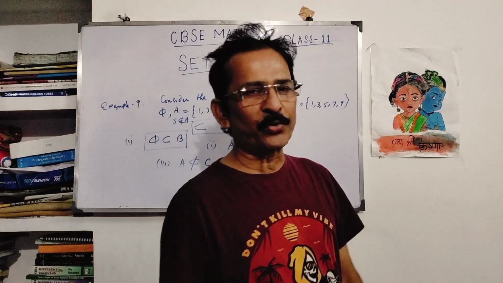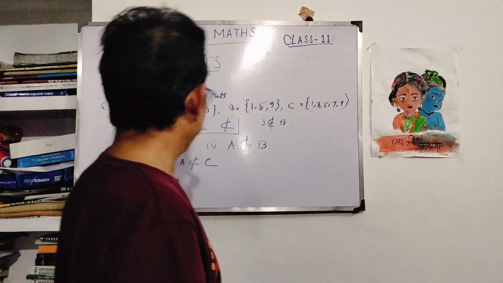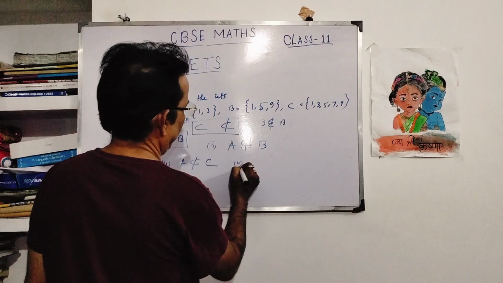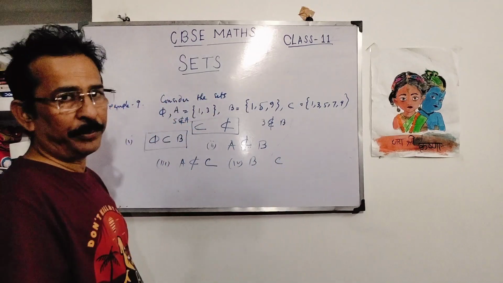Clear, students? And next, B and C. What is the relation? Now tell me, students, think.